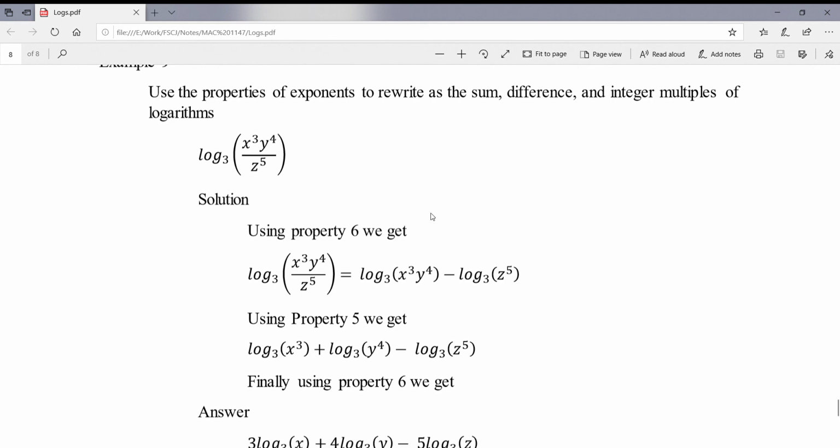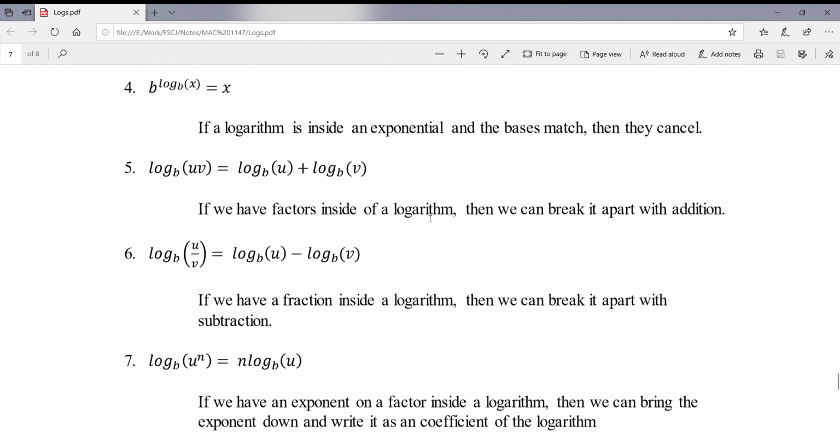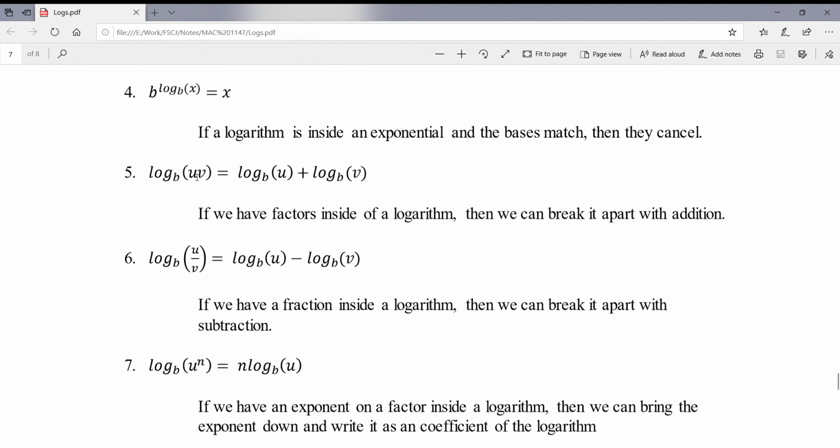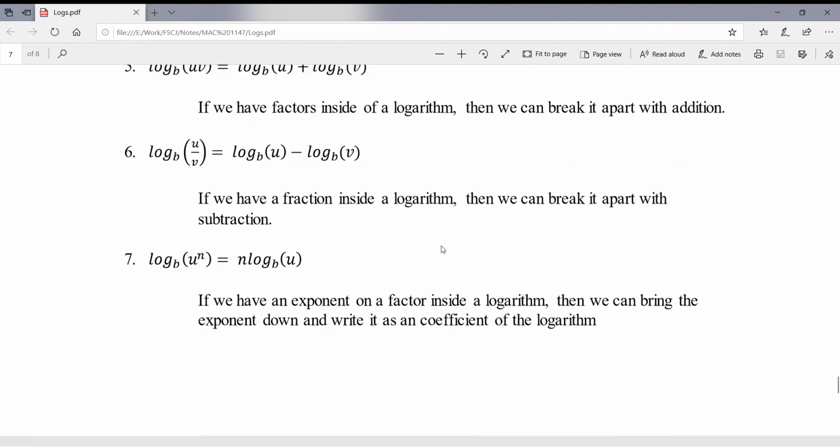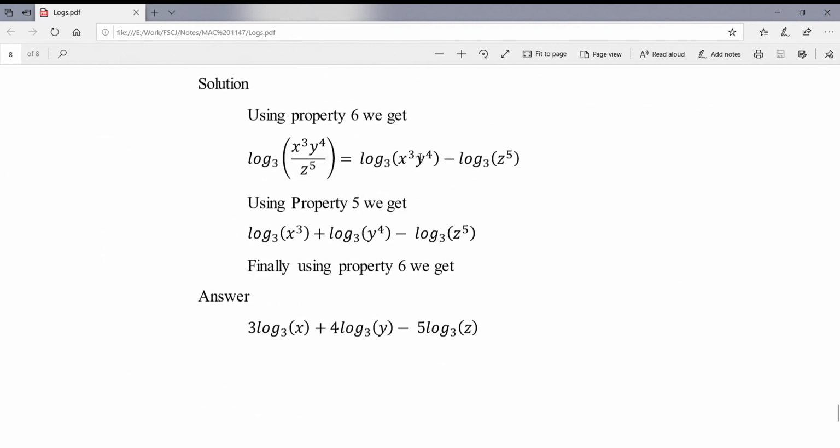Using property 5, that's one where I've got multiple things multiplied inside my logarithm, this then becomes log base 3 of x to the 3rd plus log base 3 of y to the 4th. So that logarithm that had the x cubed times the y to the 4th is now broken apart as two logarithms that are added. And then finally we have my minus log base 3 of z to the 5th.